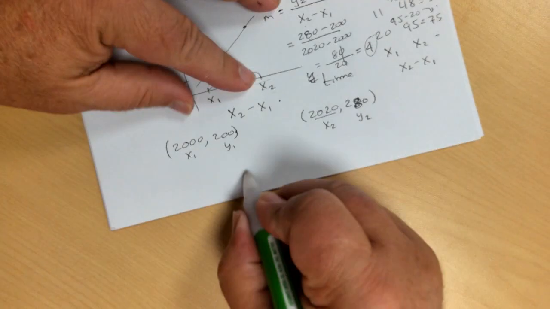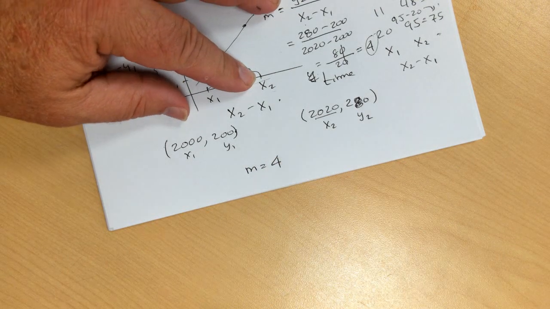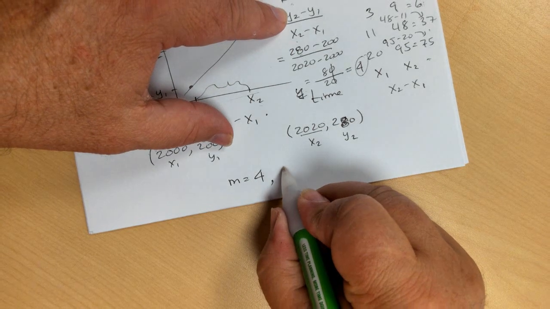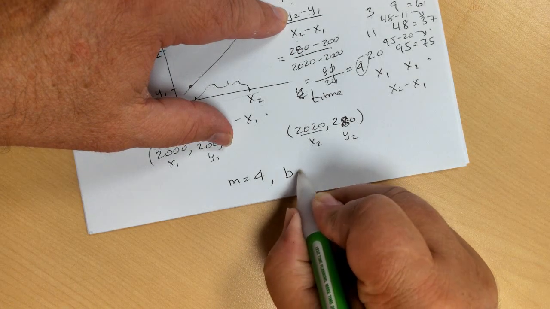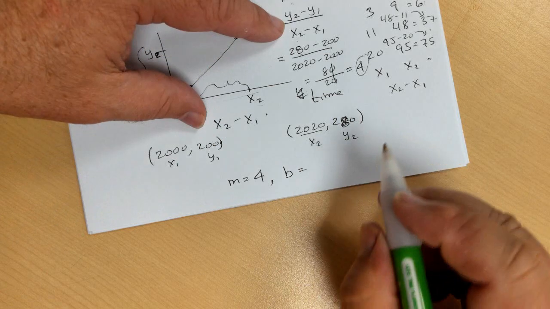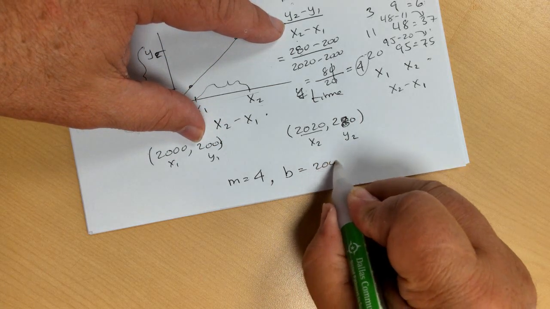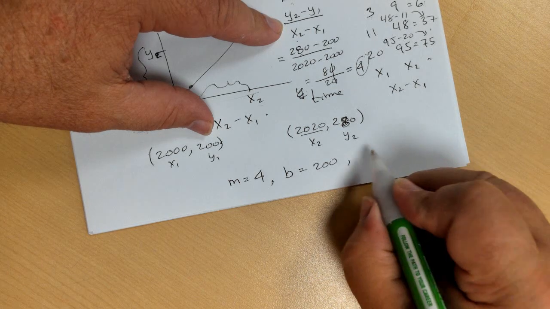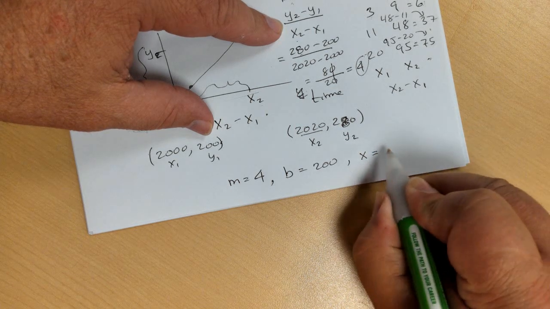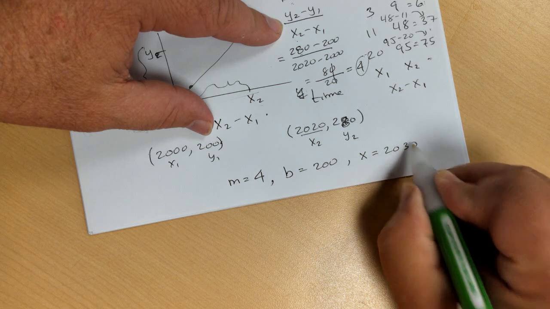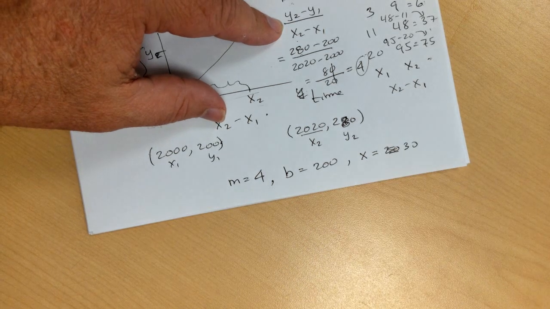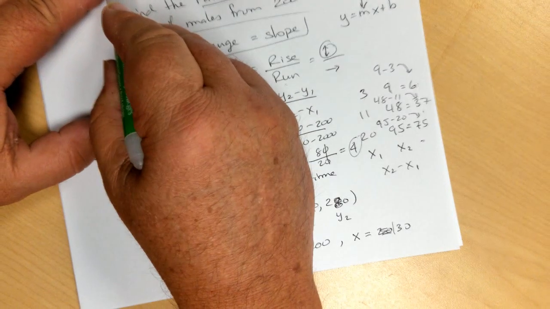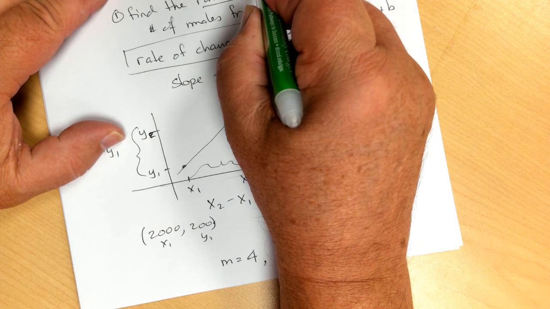So we know our slope is 4. We know our beginning number was 200. And we want it at 2030, or 30 years down the road. Since we started at 2000, we want to know how it's going to be there.